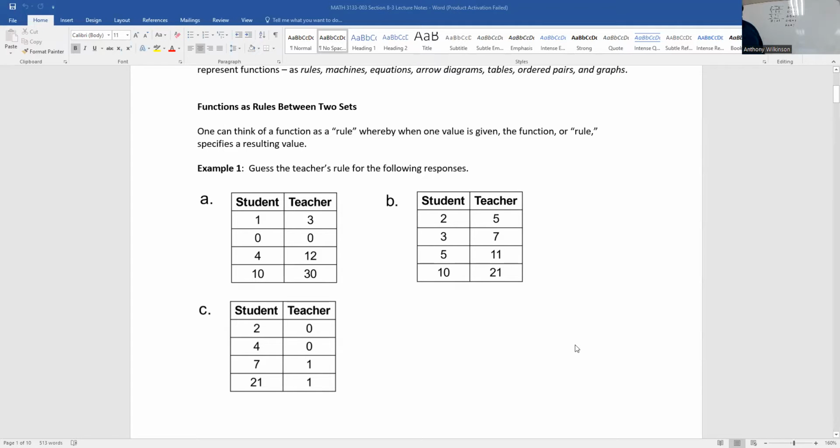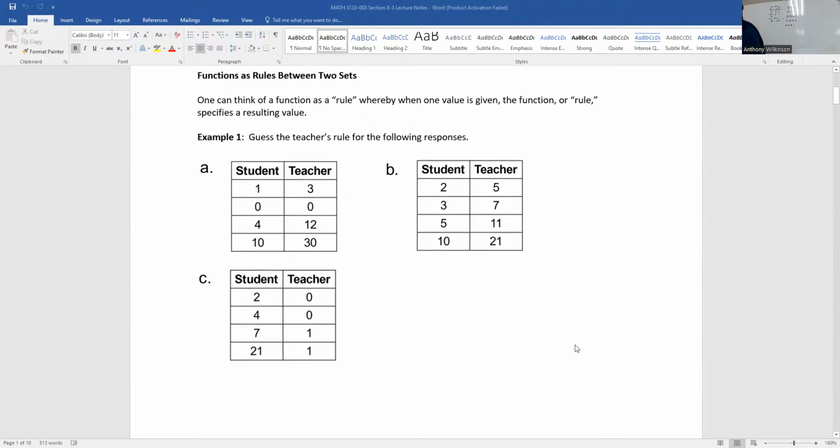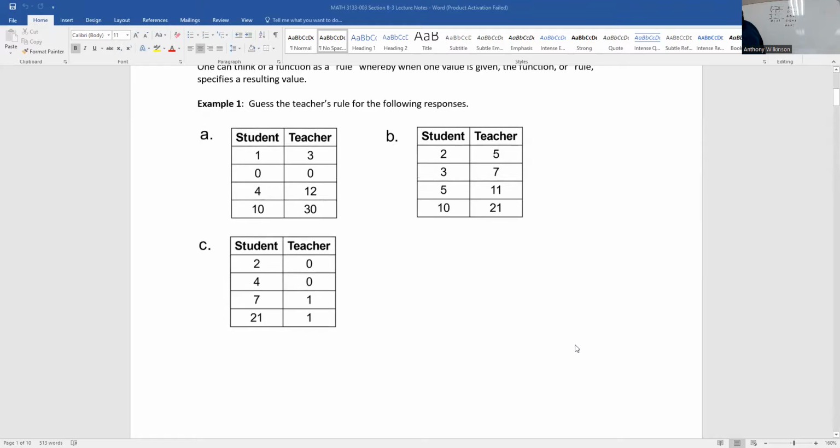Now, what about part C? We got 2, and then 0, 4, then 0, 7, and then 1, 21, and 1.